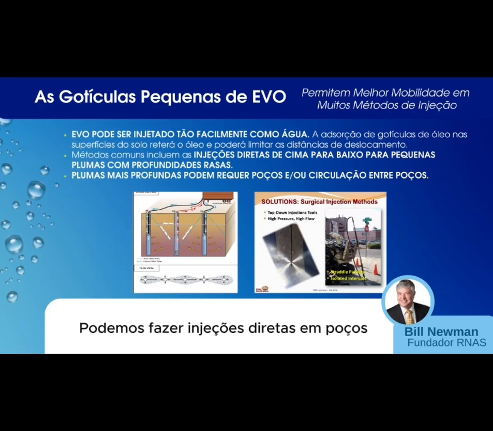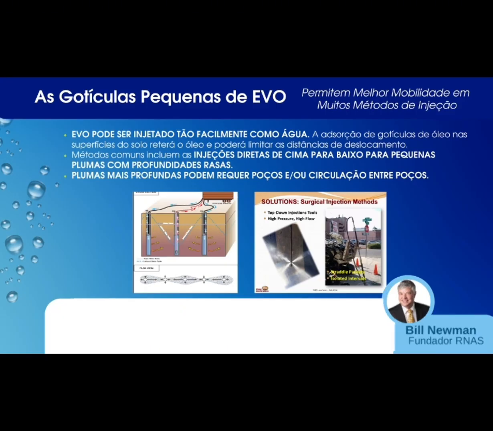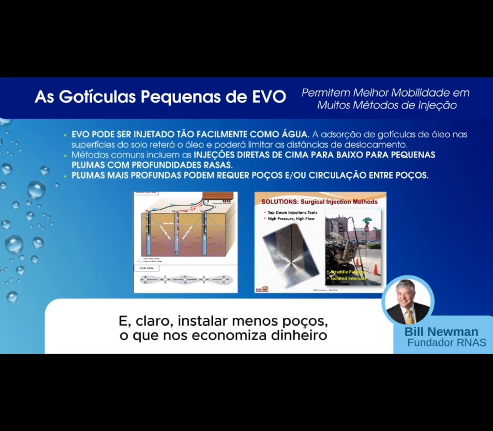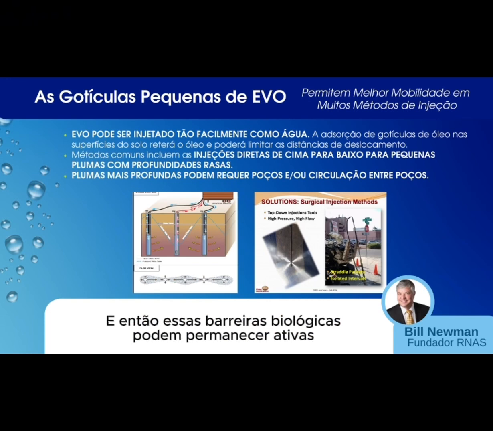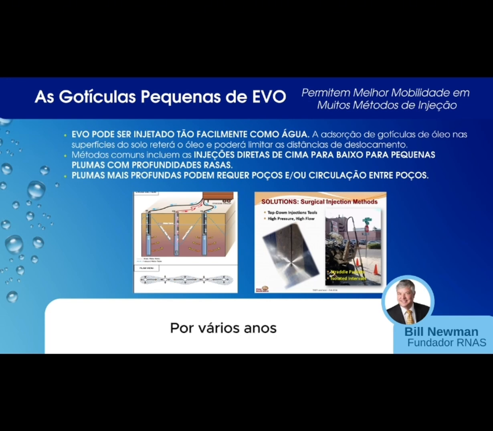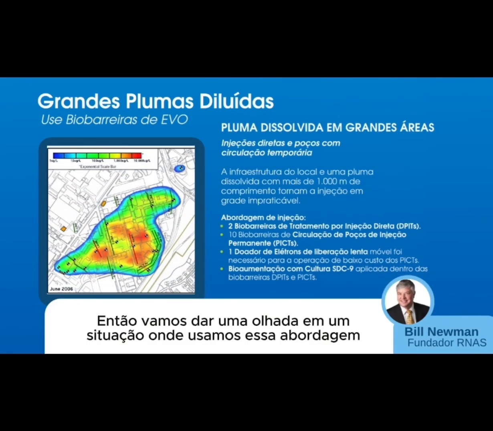We can do direct injections into wells, or we can do a temporary circulation between wells to carry that EVO laterally a greater distance, and of course install fewer wells, which saves us money. Once the EVO is in place, that circulation can be shut down, and then those biobarriers can stay active for several years.